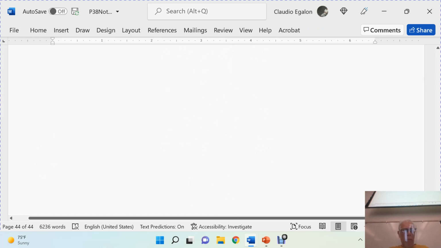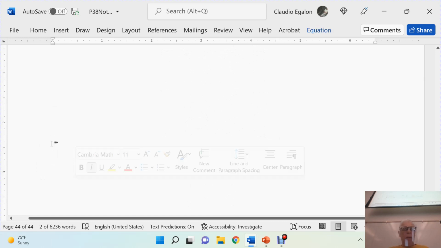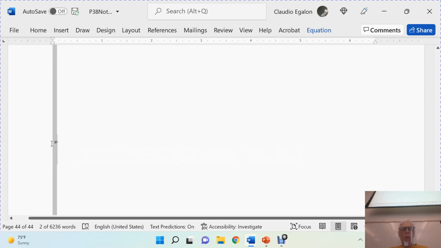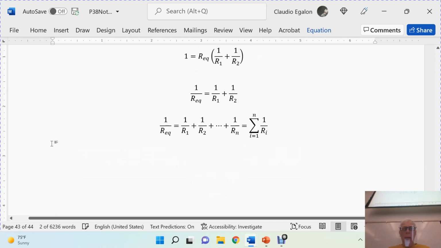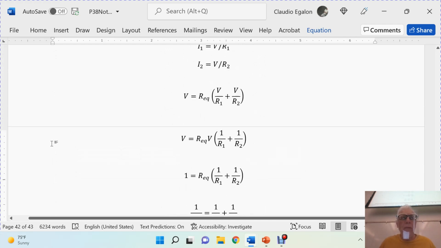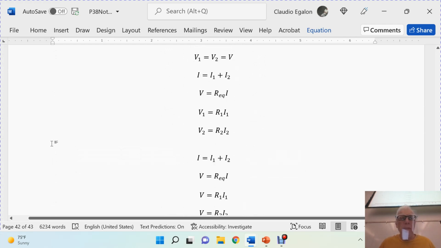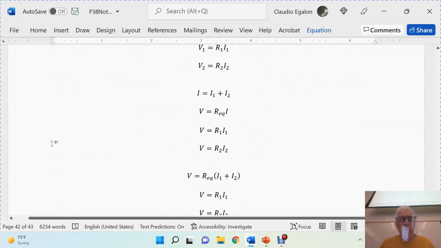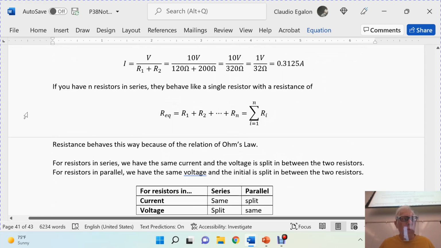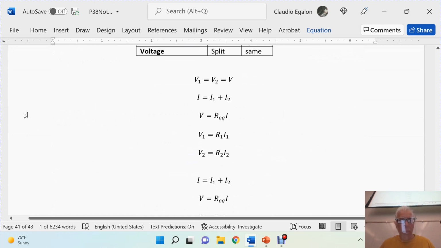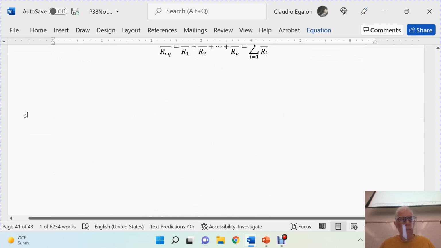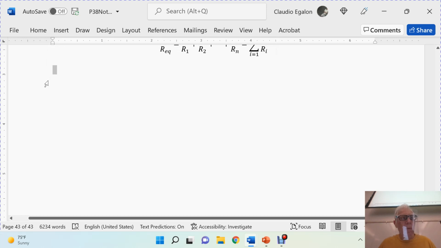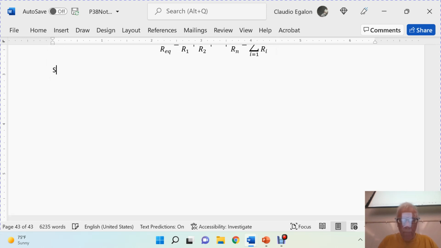Now we are going to revisit what we did for capacitors as well. Okay, so let's summarize. Resistors. Summary.